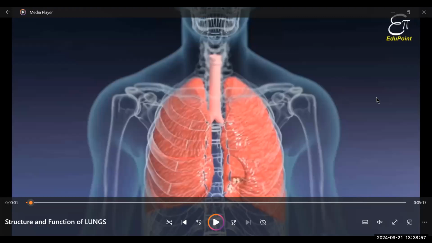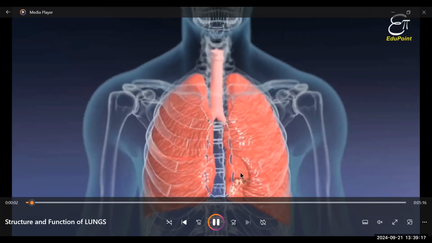It makes a cage like this. And in this cage, between the ribs, there is a space. This space is filled with muscles. These muscles are called intercostal muscles. So we will see in this play what these intercostal muscles are.